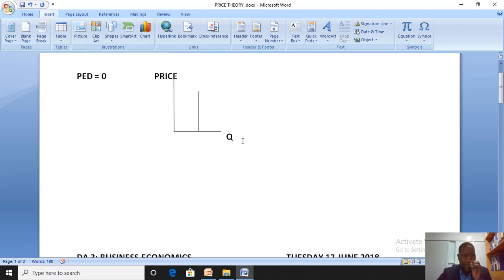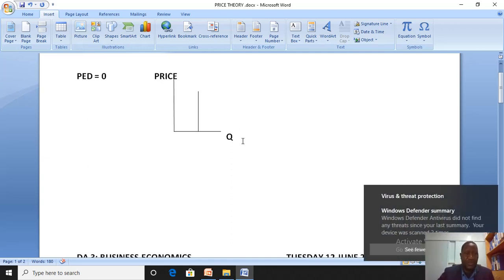That's the PED equals 0, perfectly inelastic demand.